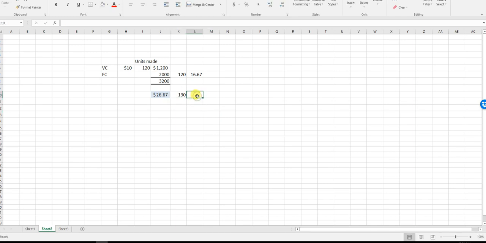If you take 130 shirts, I'll say, okay, my total cost is $34.67, and that's wrong because of fixed costs. My total cost is actually $3,300, not $34.67. And that's because fixed costs are spread over more units. So that's what they mean by interpret unit cost cautiously.